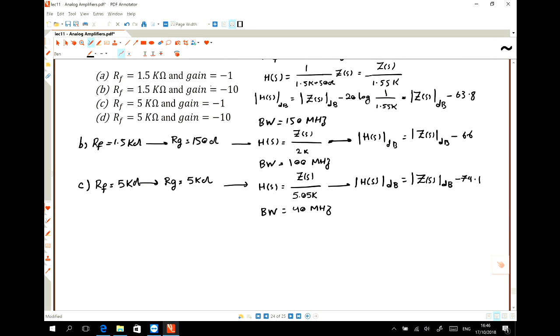This is what I just said. We can have a similar gain, but if the value of RF is different, then the bandwidth of the system is different. So here is 40 megahertz, here is, I don't know, 150 megahertz.